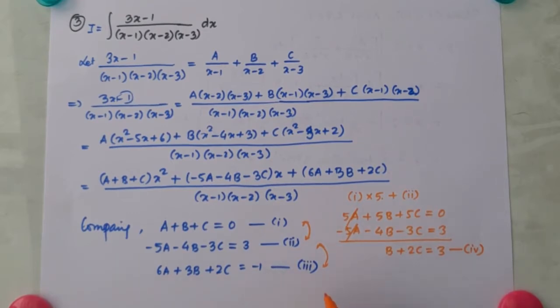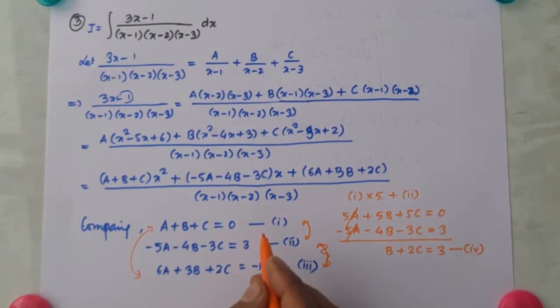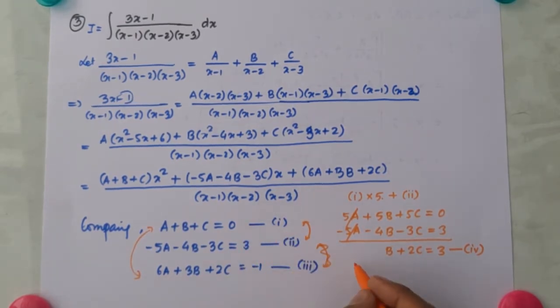So the same thing you are going to do with 2 and 3. Okay, so let's make use of not 2 and 3, let's make use of 1 and 3. So what I'm going to do here is multiply 1 by 6, because we have got 6 here, no?